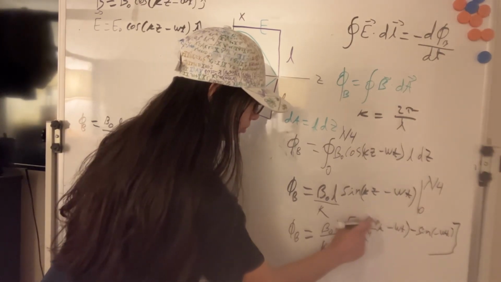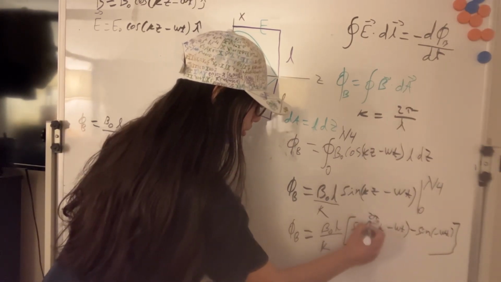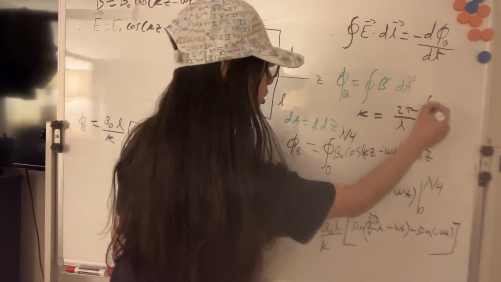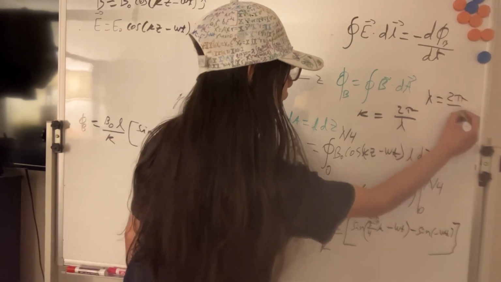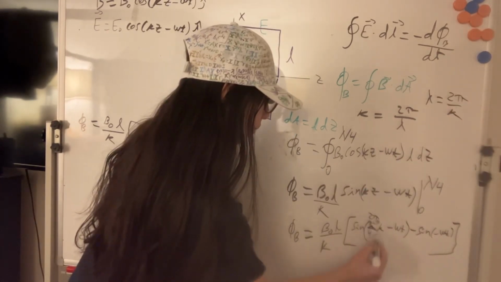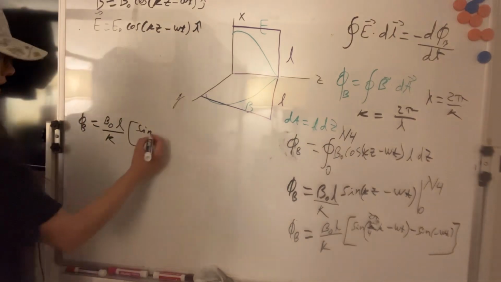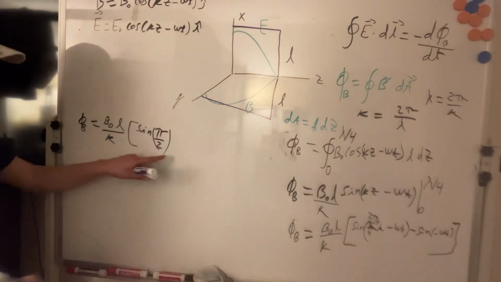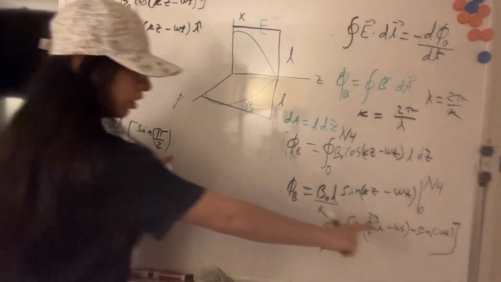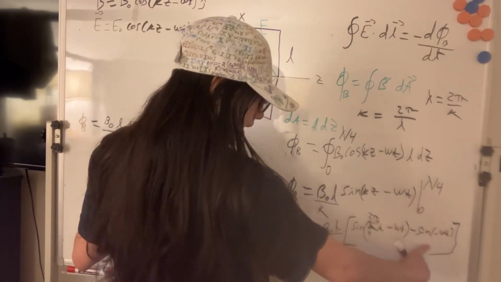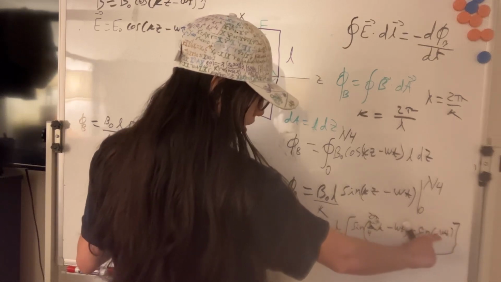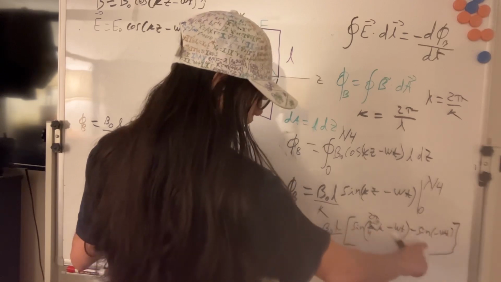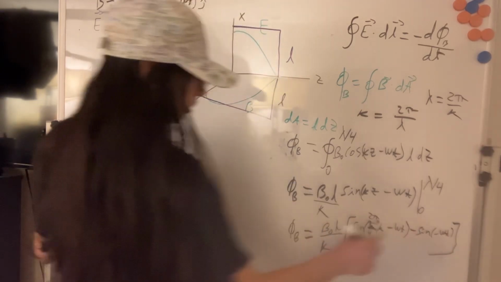So I have that the magnetic flux is equal to B0 L over k times the sine of... sorry, lambda is 2 pi over k. So here I will put 2 pi over k, that will cancel, and I have sine of pi over 2 minus omega t. And the sine of a negative something is the negative of the sine of omega t, and times this negative, it makes it positive.